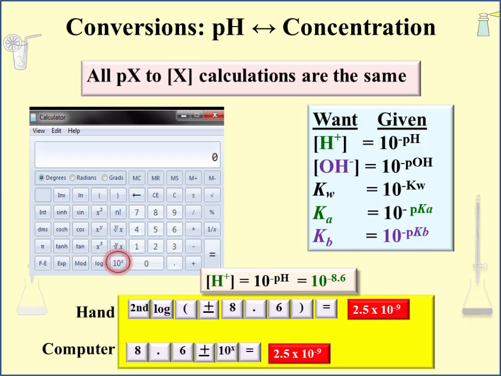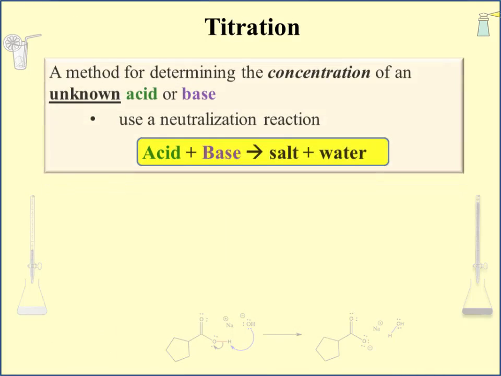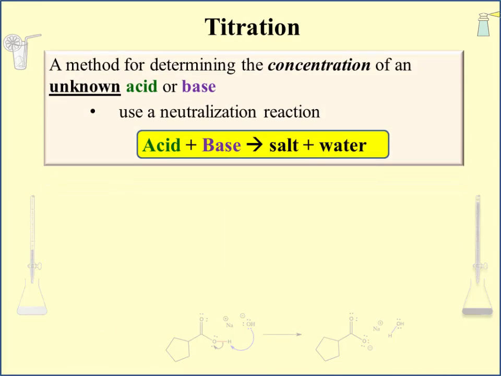The last topic of the lecture is looking for a specific type of calculation associated with titration. We will look at the form of titration, that is the method for determining the unknown concentration of an acid or base.